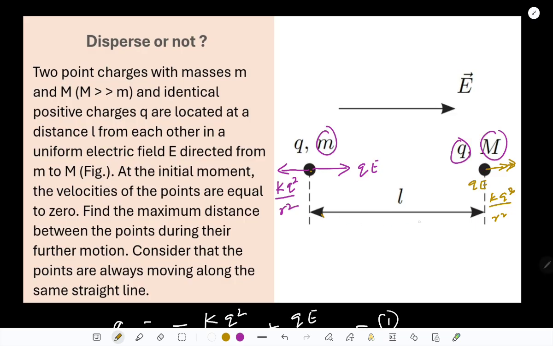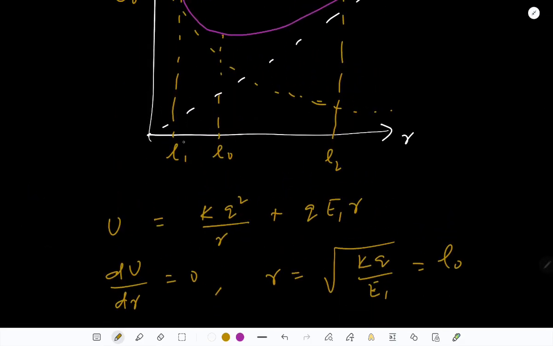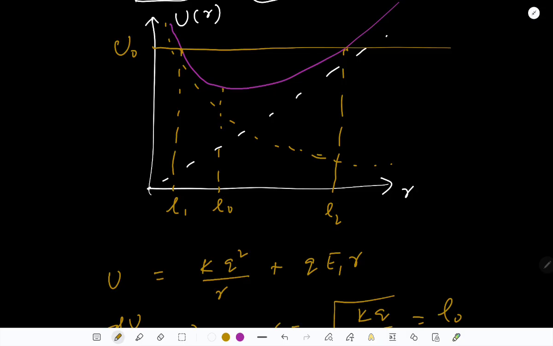And this energy is purely potential. So the maximum distance between the charged particles will be the initial length, whatever the length is. And if this length L is less than L naught, then also the maximum distance between both charged particles will be the initial length.